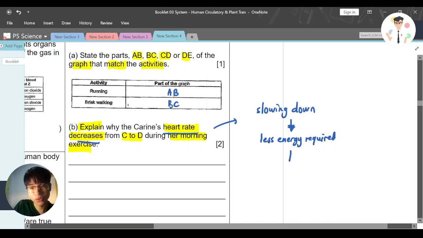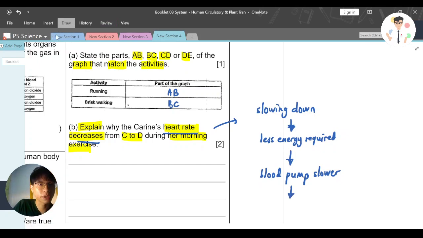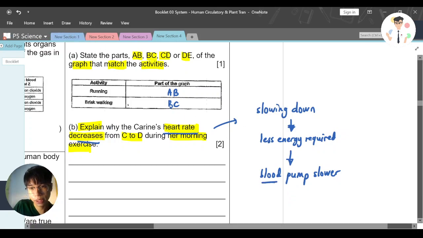And when less energy is required, the blood can be pumped slower. Why? Because the body does not need what? Let me put this point. Because the blood contains digested food and oxygen, and I don't need that rapidly anymore, because that helps to produce more energy.